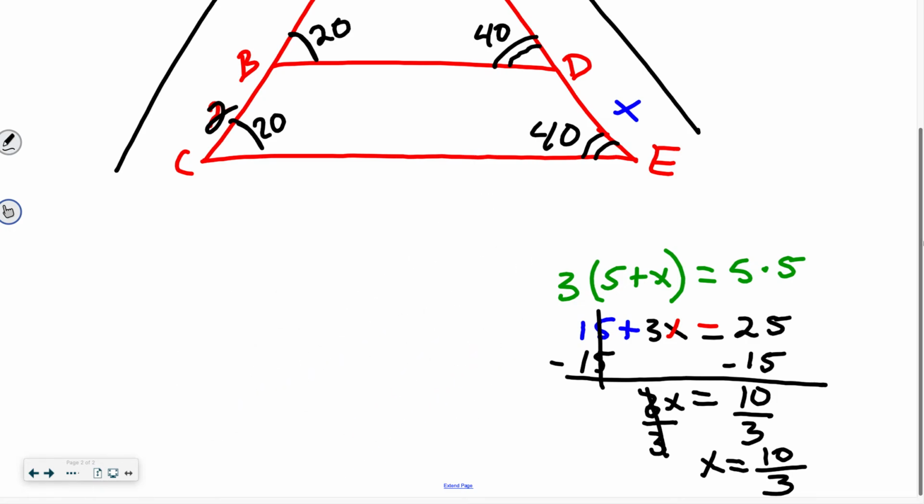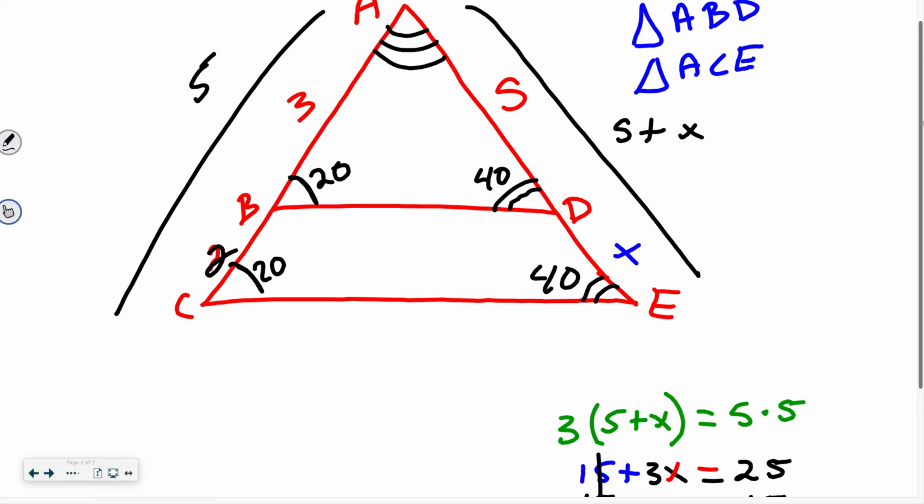Okay, so if we have that x is 10 over 3, this little piece here is 10 over 3, and I ask you, what is the scale factor here? Well, again, I'm going to go back and say that AC over AB is going to be my scale factor.